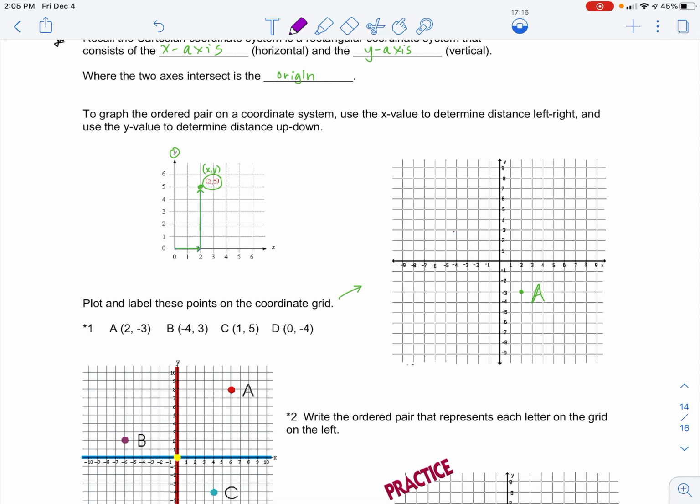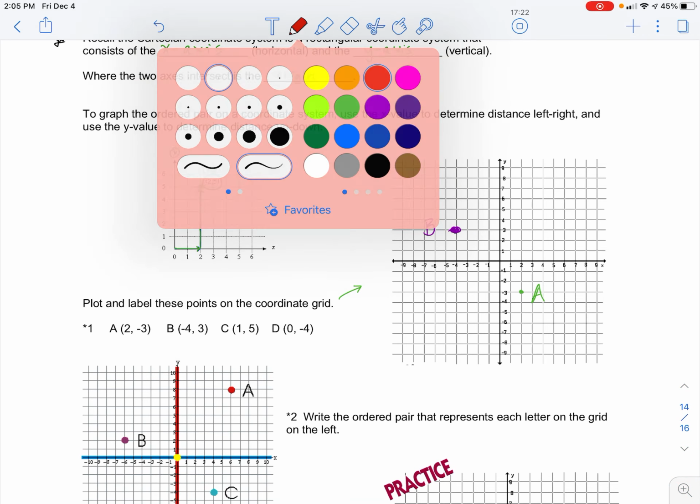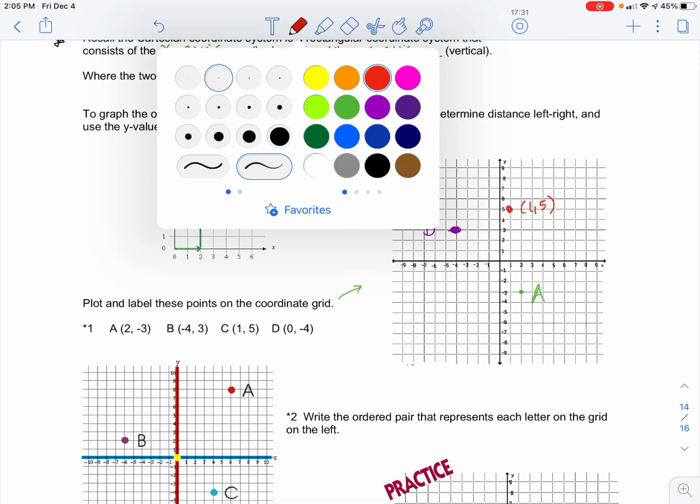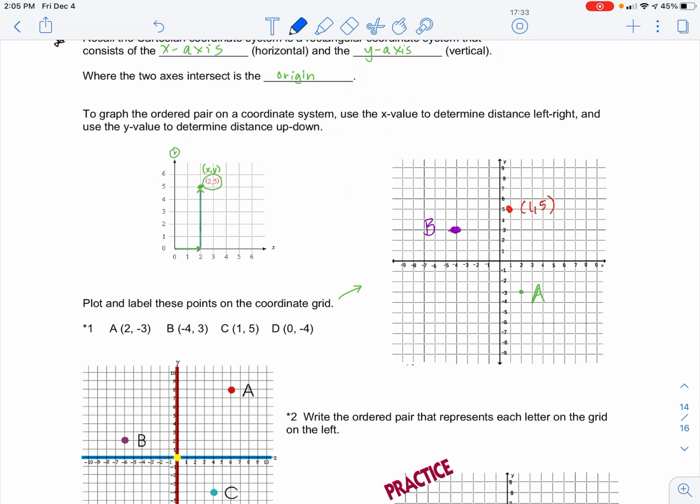For B, (-4, 3) is here. That is B. C is (1, 5), which is here. And D is (0, -4), which is right here.